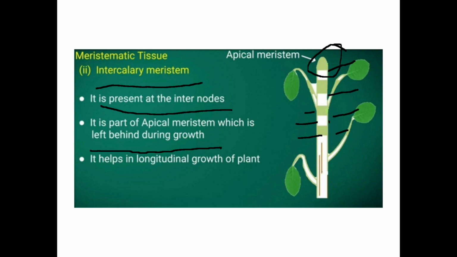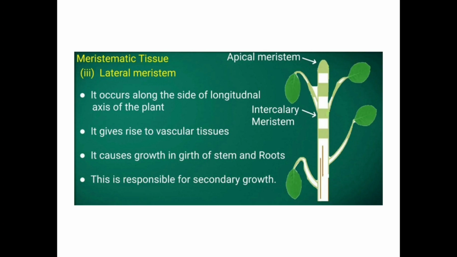What is the function of intercalary meristem? It helps in the longitudinal growth of the plant. Look, this brown line is the intercalary meristem. So it is helping the plant to grow longitudinally. This is the function of intercalary meristem.